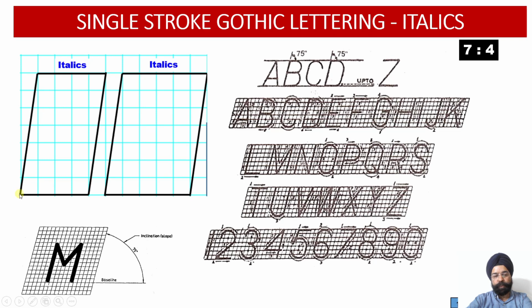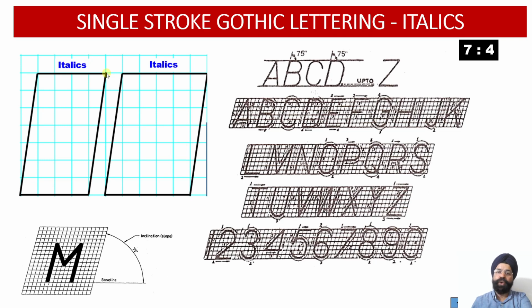We start from this point, bottom will stay here, but the top portion will be moving ahead by one particular block. It's just like when you are standing in a bus and the driver is applying the brake. What is happening? Your feet are rooted to the ground, but your top body is moving ahead, it is falling forward.